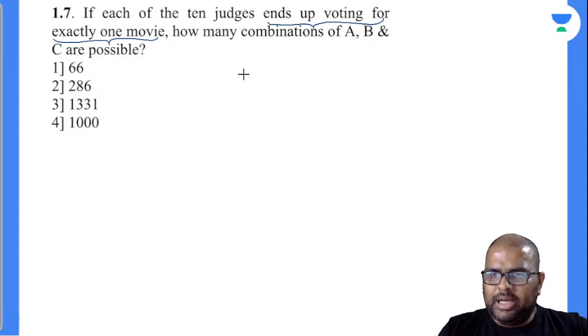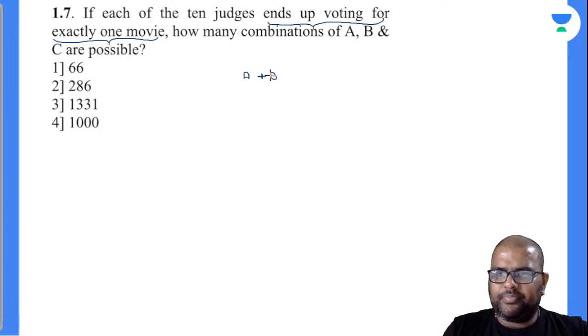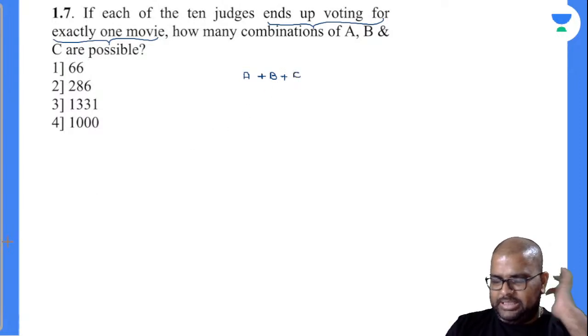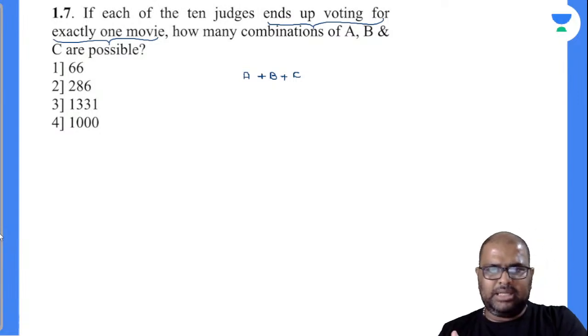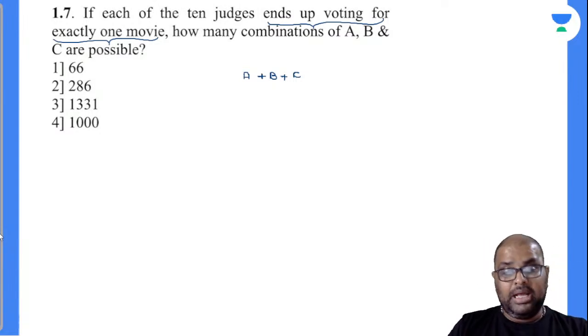Now look, A plus B plus C. Let us suppose these 10 judges can vote for Avara, can vote for Barsat, can vote for Caravan, and can vote for any other movie also. Am I right or wrong?